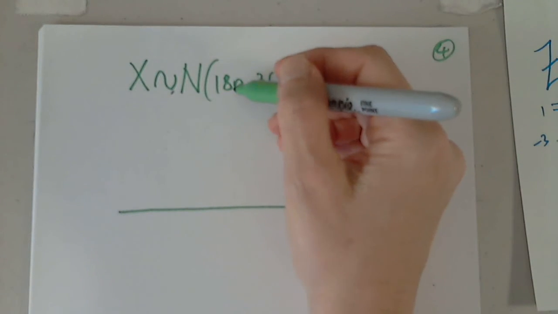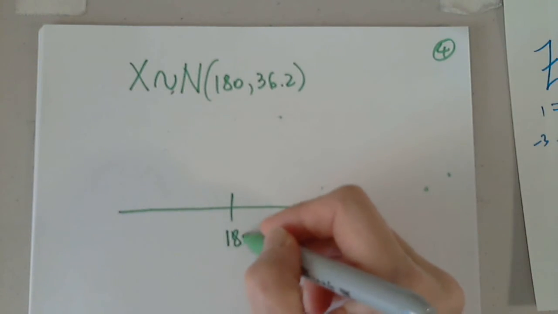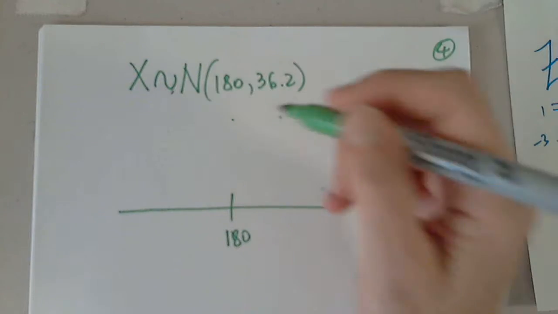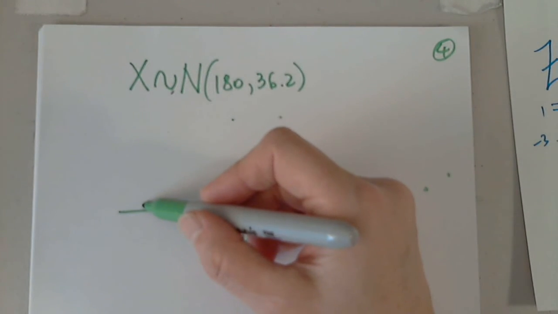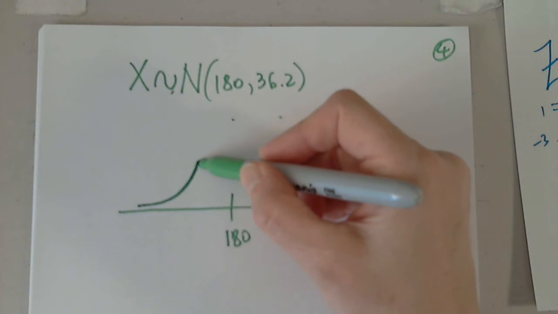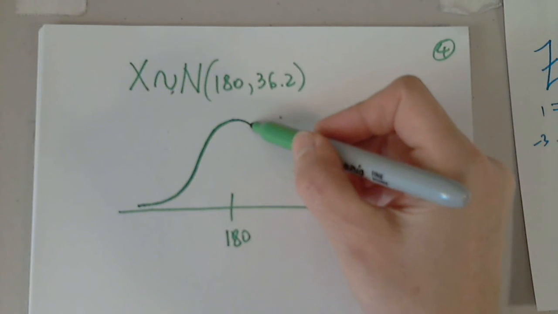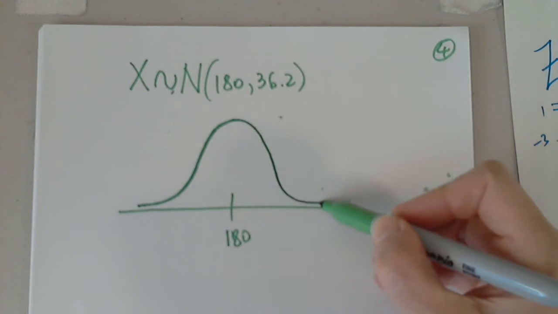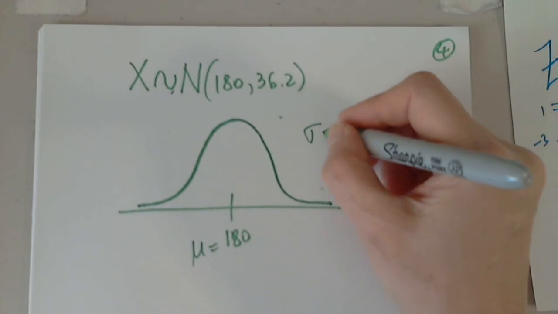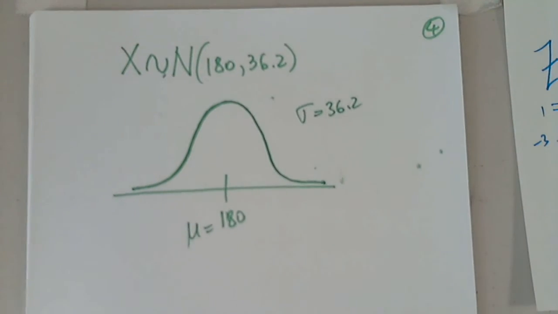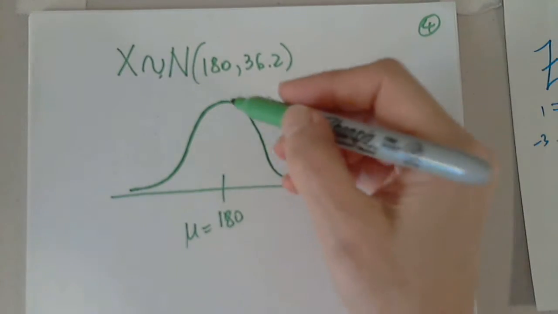The mean is 180. I'm going to say this is my 180. It has to have a peak at that point, and the standard deviation is 36.2. That's the normal curve.